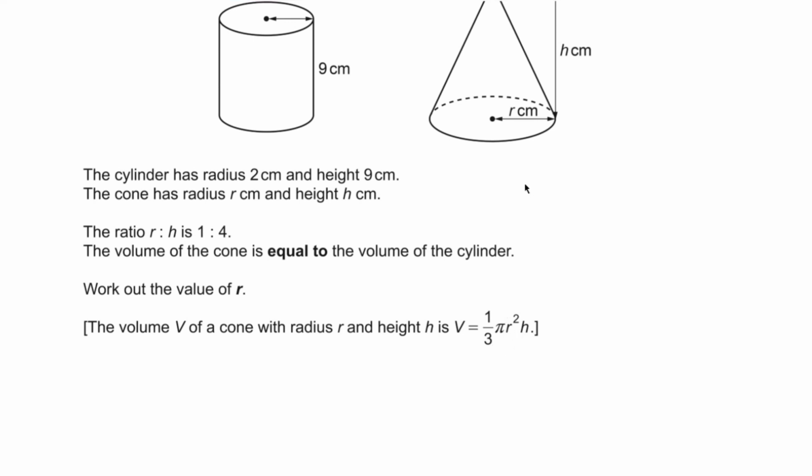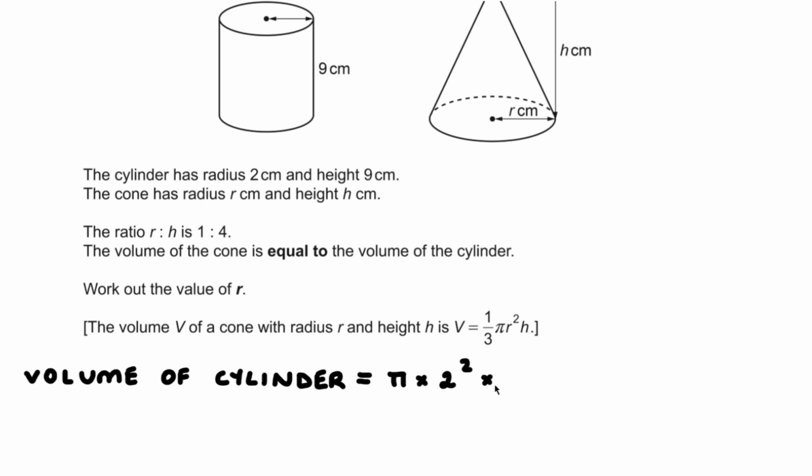Well, what we can do to begin with is find out the volume of the cylinder. The volume of a cylinder is given by pi times by 2 squared times by 9, which is equal to 36 pi.